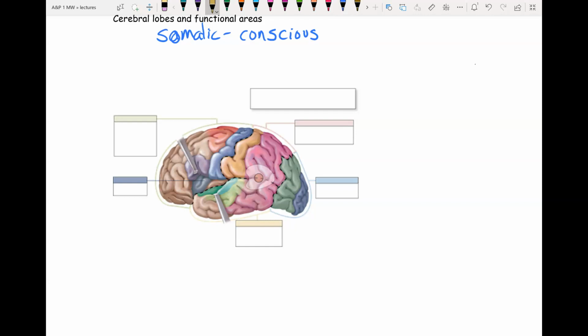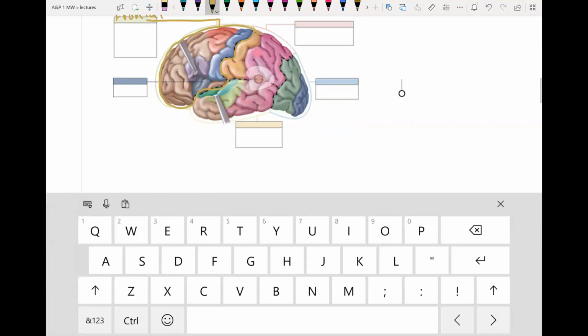The first lobe is your frontal lobe. So I'm going to outline each of them, is here. So this is frontal. And your frontal lobe is the part that has your thoughts and personality.